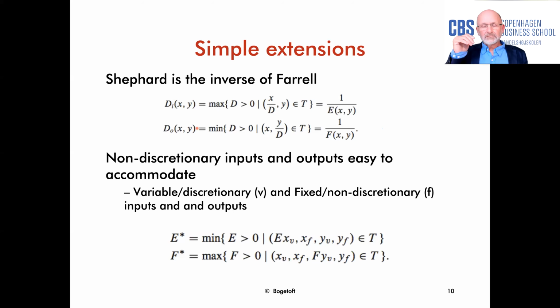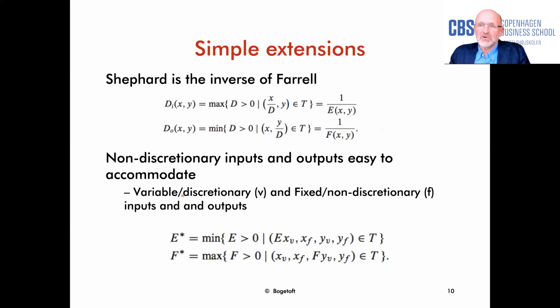So in that case, you will just try to do the savings in the variables you can actually change. So we tend to distinguish between variable inputs or variable outputs.